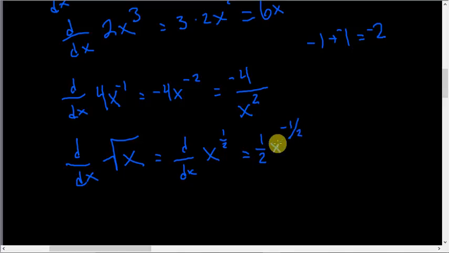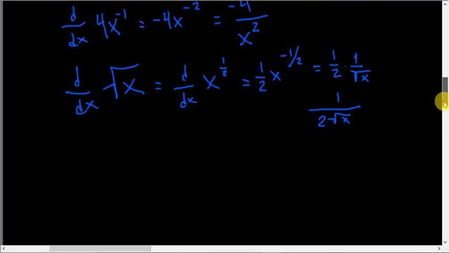Or again, since it's a negative exponent, we could write 1/2 times 1 over x to the positive 1/2, so 1 over square root of x. Or these are really multiplied, so we could say 1 over 2 square roots of x, and that's the answer for this one.